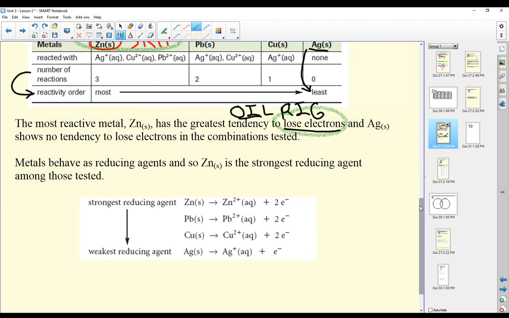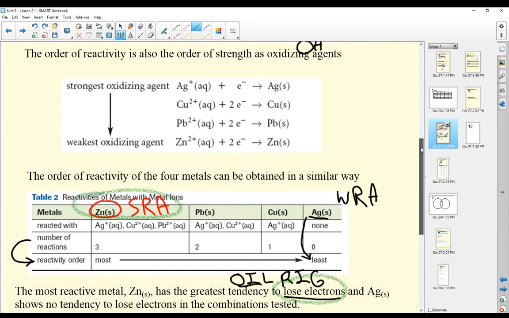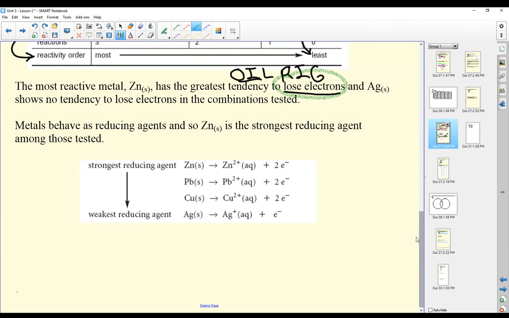So we had that table before, which showed us our strongest oxidizing agent. Similar table, we're looking at our strongest reducing agent now. All right. So we have our zinc solid. It wants to undergo oxidation, and it's happy to do that. It'll gladly do this. Our Ag solid, remember, it did not want to do this.